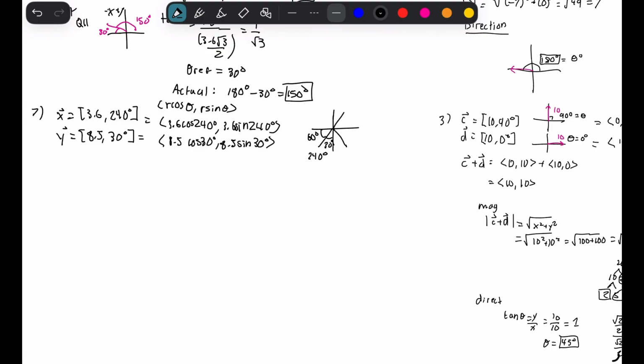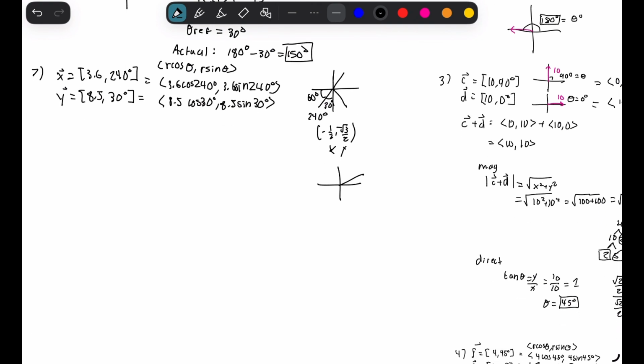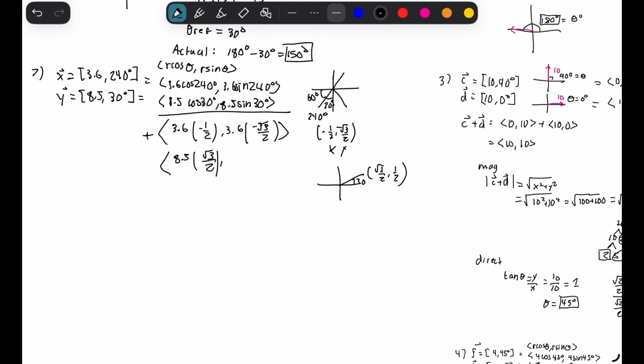So then for 30 degrees, now we just add them.